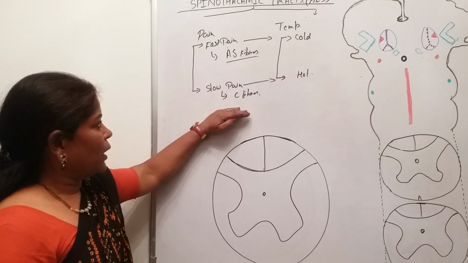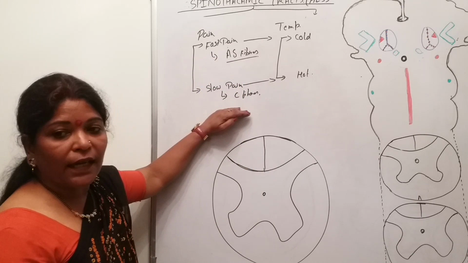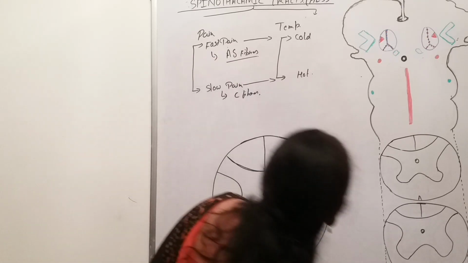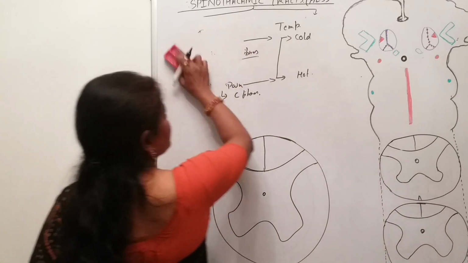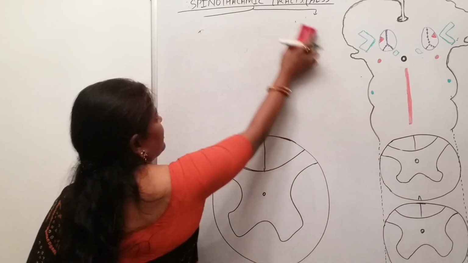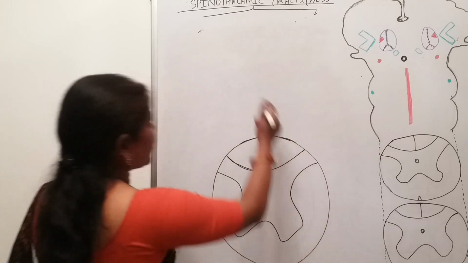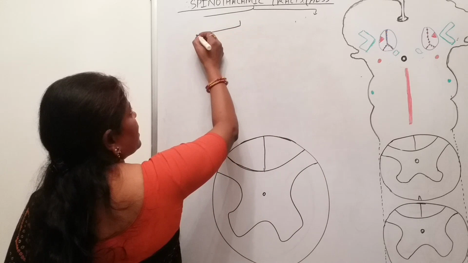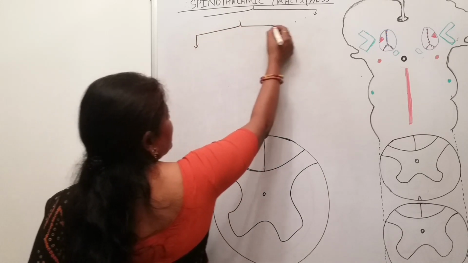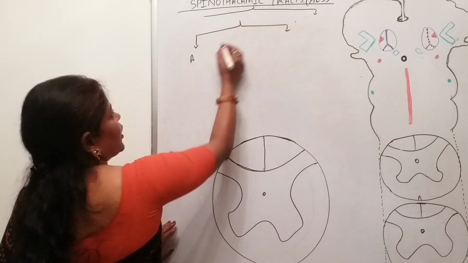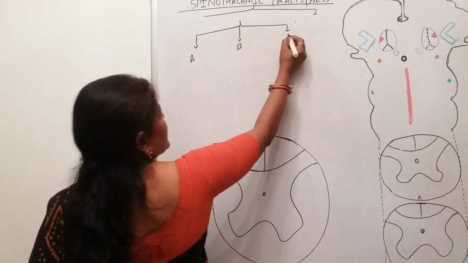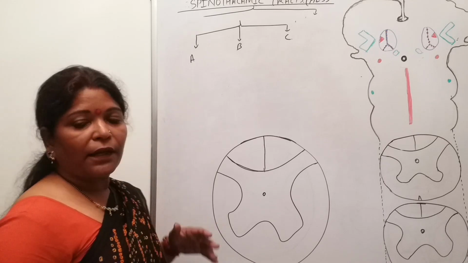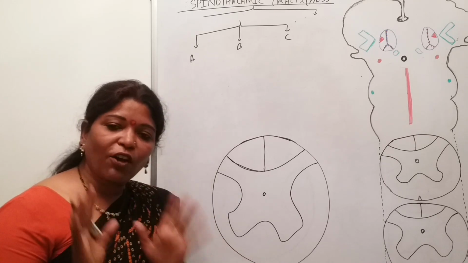Now you must know what the A delta and C fibers are, and where these fibers are coming from. In the previous classes, we have learned about the classification of neurons, the nerve fibers. It is of three types: A, B and C. The three types of nerve fibers, the peripheral nerves, are categorized on the basis of their degree of myelination.